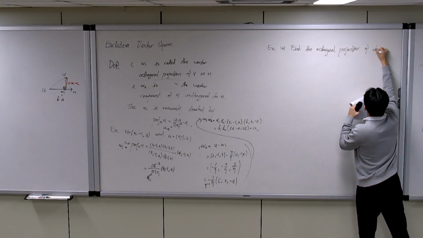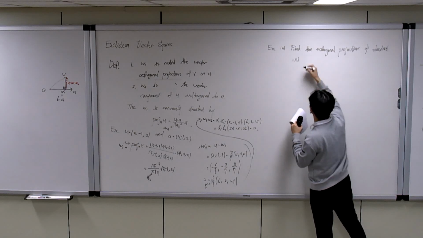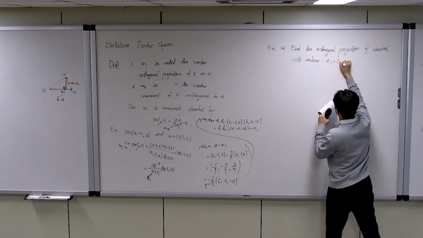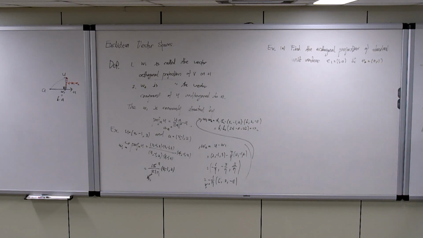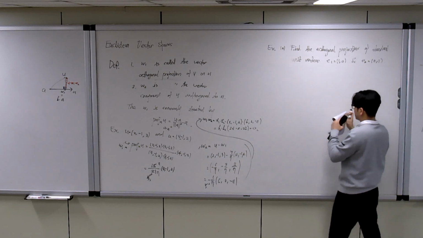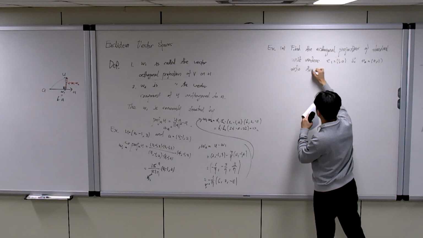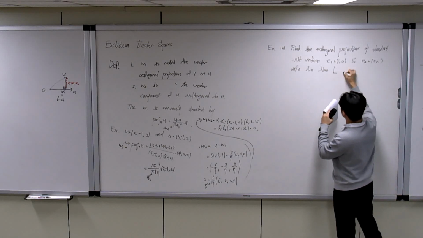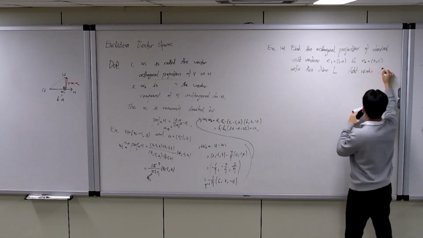Firstly, we calculate the standard unit vectors e1 = (1, 0) and e2 = (0, 1) in R^2, and project them onto the line L that makes the angle theta.